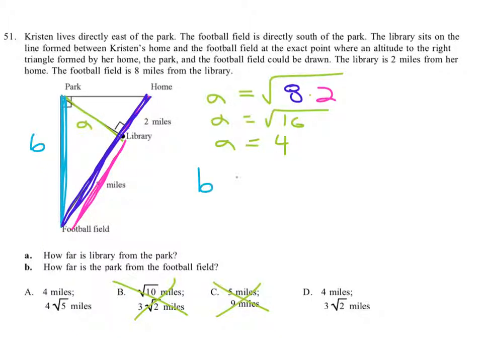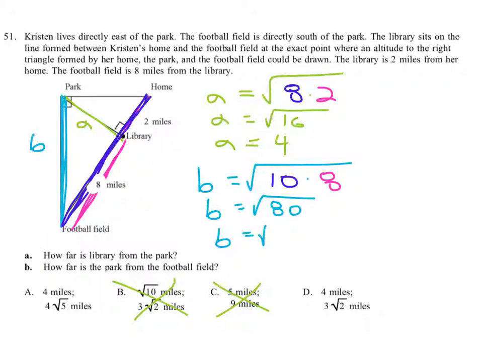So B equals the square root of the whole length. We need to erase to see that number, 8. So 8 plus the 2 gives you a whole blue section of 10, times that pink section of 8. And so we get B equals the square root of 80.